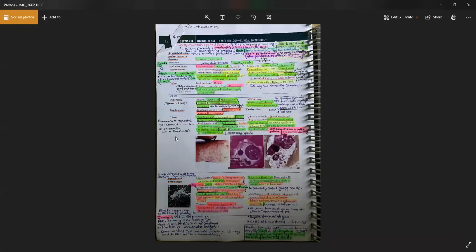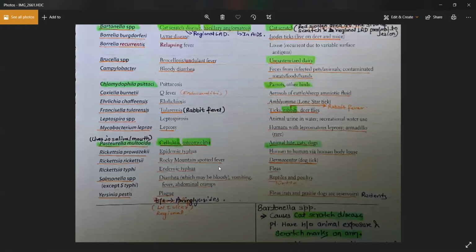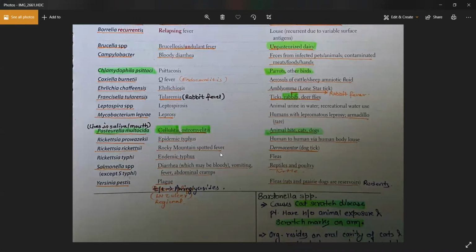Someone is asking whether it is specified that it's S. typhi or S. paratyphi that causes osteomyelitis in sickle cell patients. It is the Salmonella species except the typhoid, except typhi.